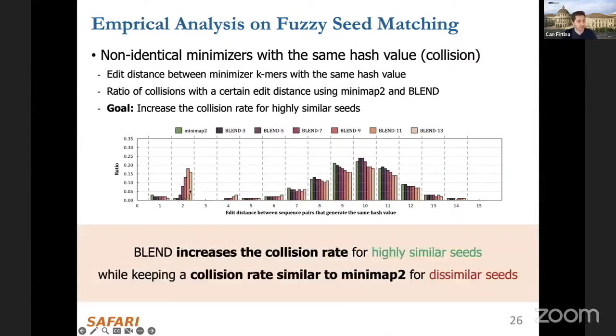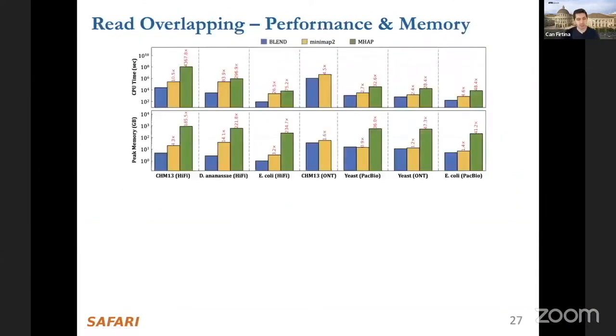This is essentially our observation: blend increases the collision rate for highly similar seeds while keeping the collision rate similar to Minimap2 for dissimilar seeds. So we're selectively increasing the collision rate for highly similar seeds.